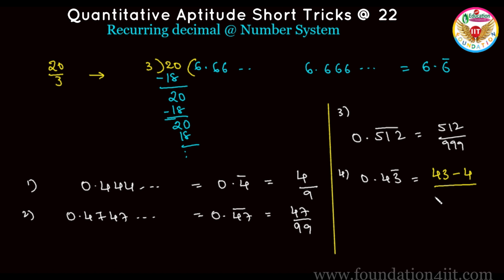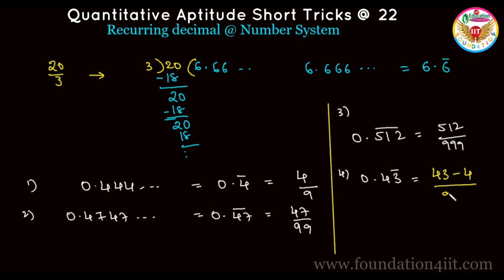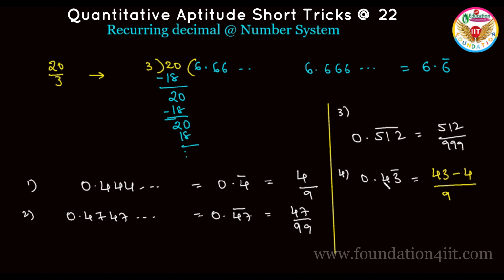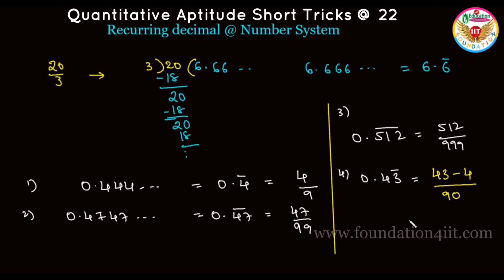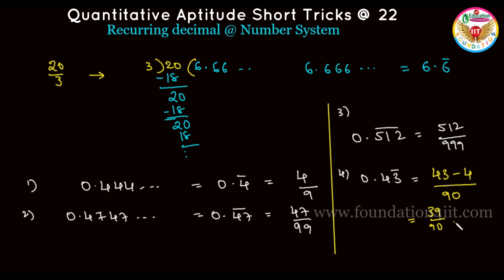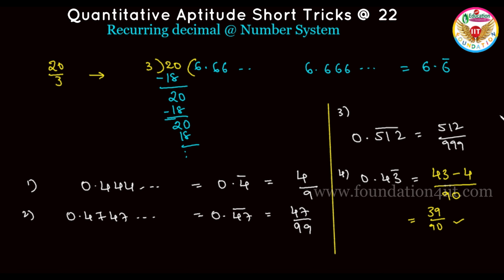Subtract that. Divided by how many digits are repeating? Only one digit, so 9 you have to keep. How many are non-repeating? That many zeros you have to keep. 43 minus 4 divided by 90. So 39 divided by 90 is the answer. You can simplify and do the division. You get 0.4333 and so on.